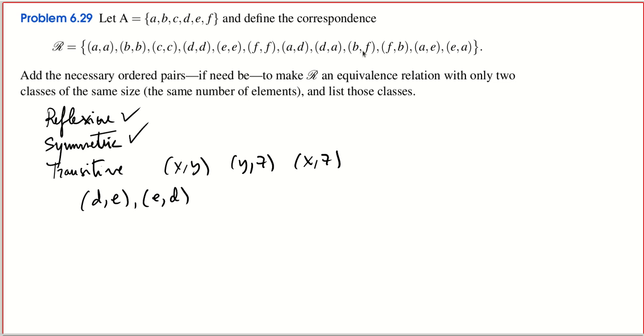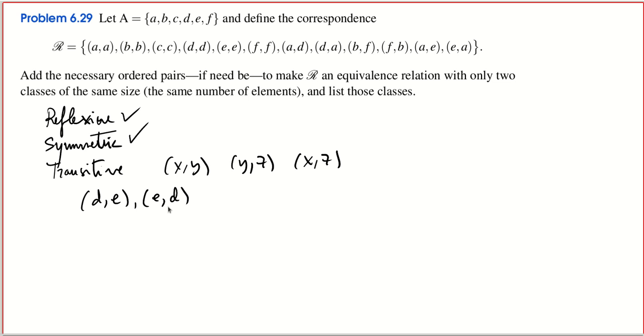Okay, then we go to BF, there's only FB, that's trivial. Then FB, there's no more with B, and AE, there's no more with E other than this, and EA and AD, which produces this one. So with these 2 pairs, we already have transitivity, right?